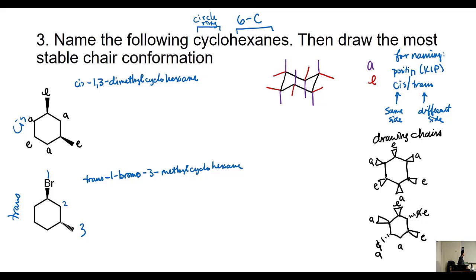Do I have any direction switching? No. They're all on wedges, so I don't need to do a switch, right? For example, the second one, are they all on wedges or dashes? I have both. So do I need to switch the second one? Yes, but don't worry about that yet. Let's just go through this one.